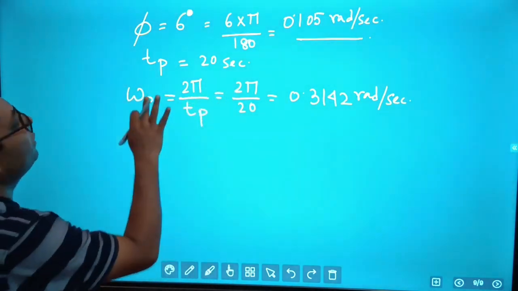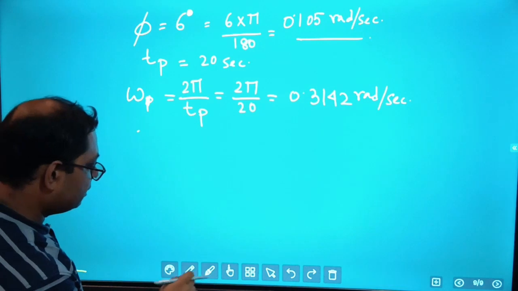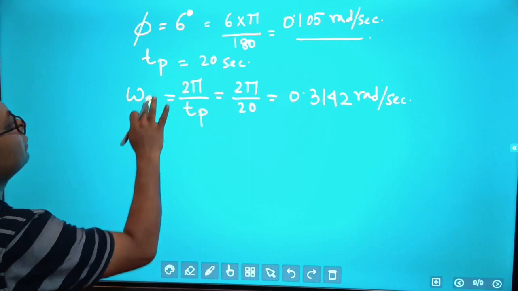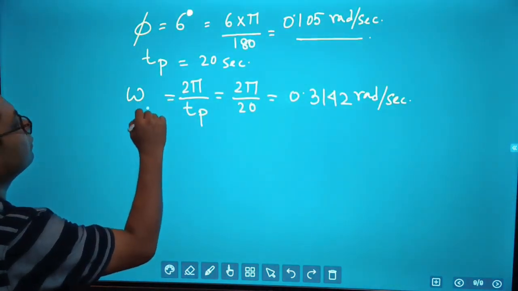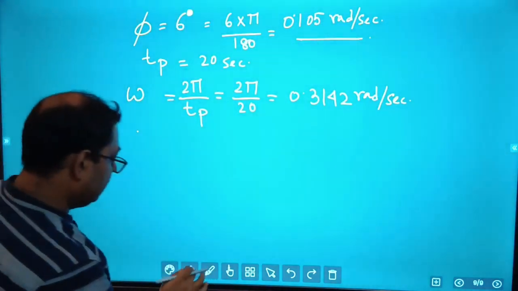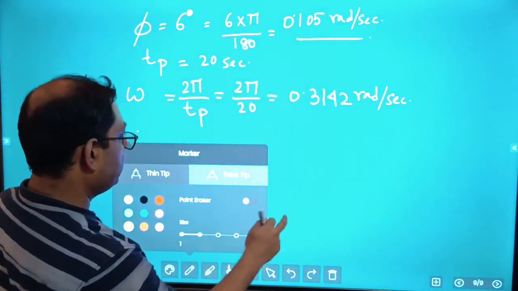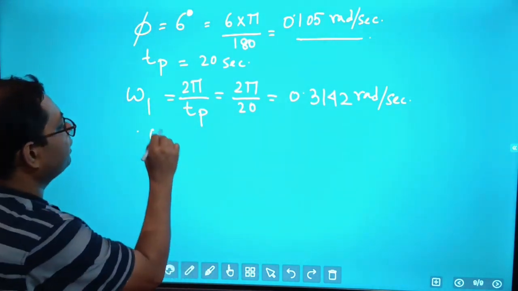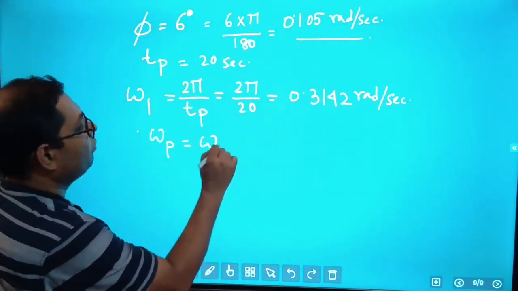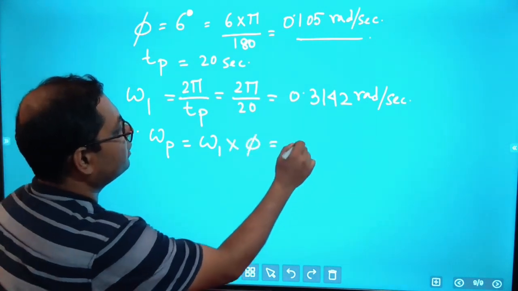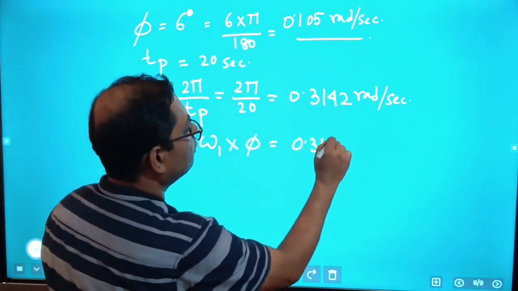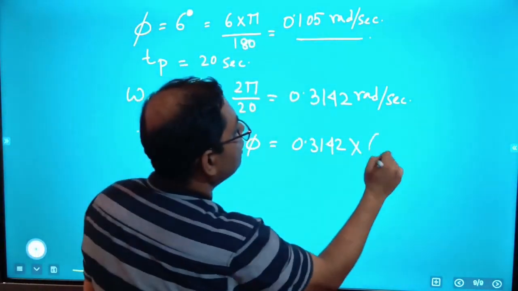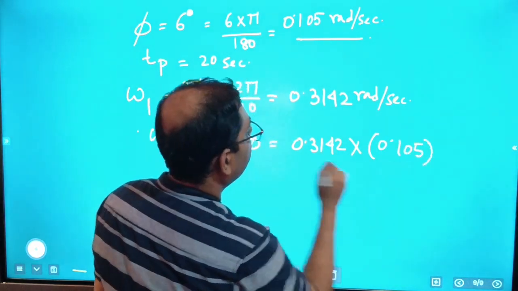Okay, sorry, it is not omega p, it is actually omega 1. Just hold on a minute. This one is omega 1. And omega p is omega 1 into phi, that is 0.3142 multiplied by the phi value, which is 0.105 radian per second.